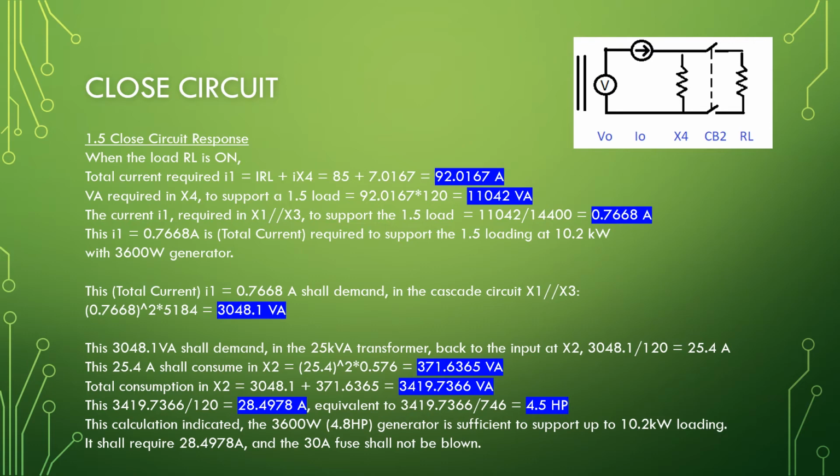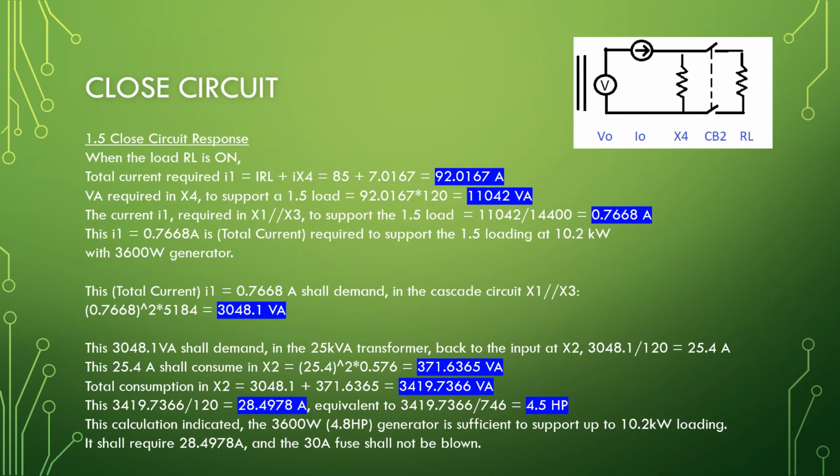This calculation indicated that the 3600 watt 4.8 horsepower generator is sufficient to support up to 10.2 kilowatt loading.